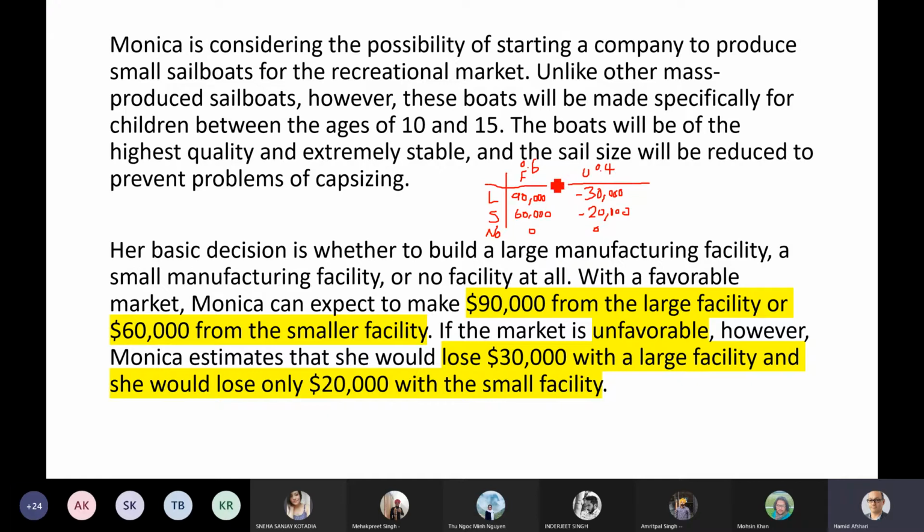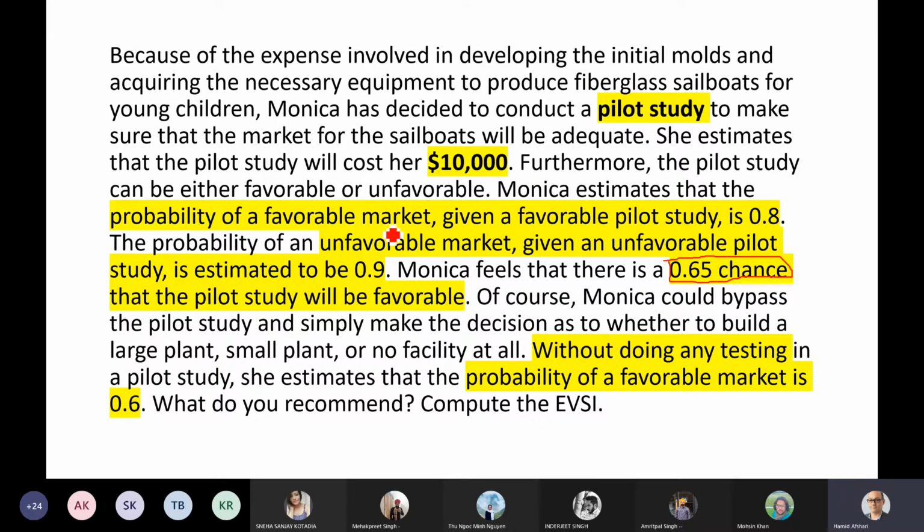When one of them is given, you can easily deduct it from one and get the second probability, correct? So what is the question? What do you recommend? Compute the expected value of sample information.